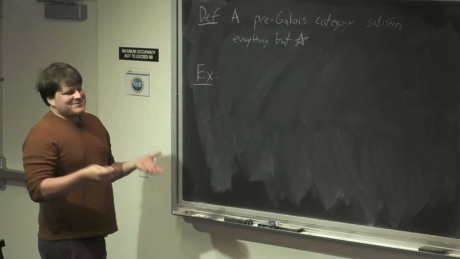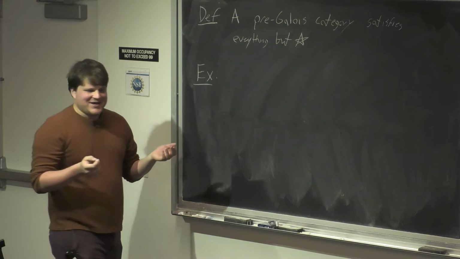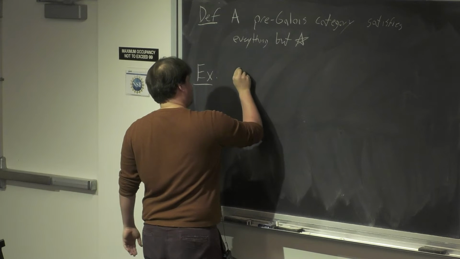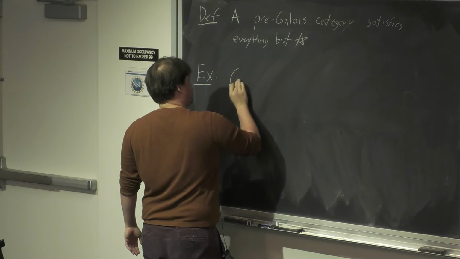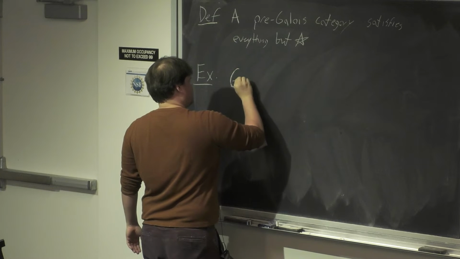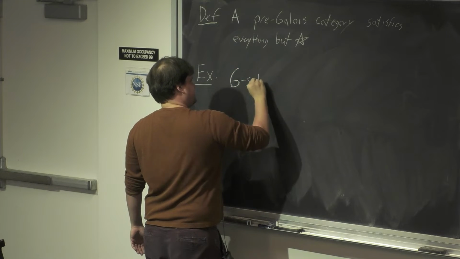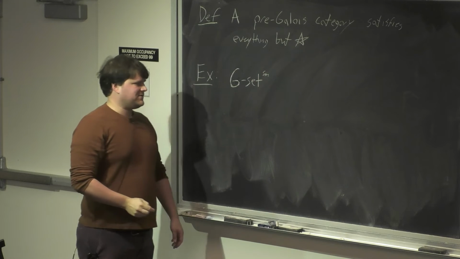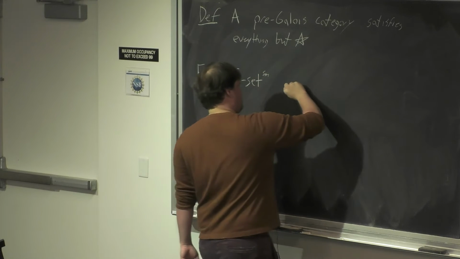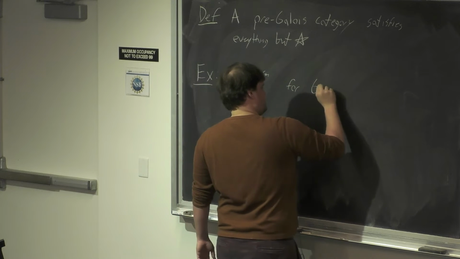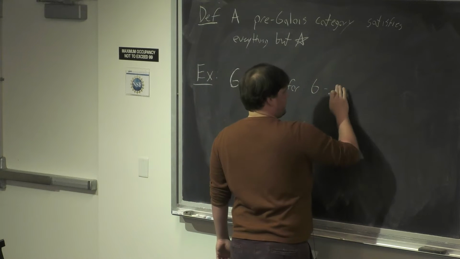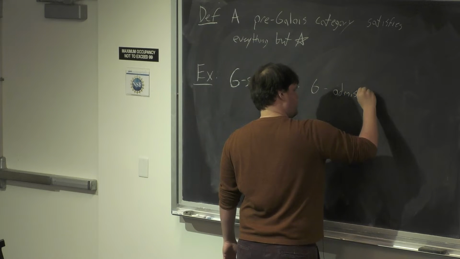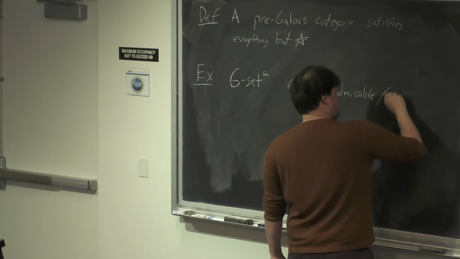But maybe based on the context of me giving this talk, you can guess that I'm going to look at G-sets, and I'm going to look at the smooth ones, where G is oligomorphic, or maybe I should say admissible.